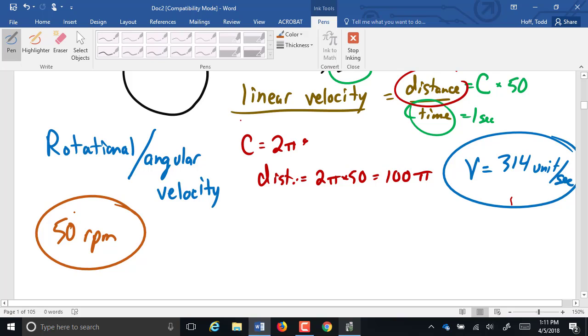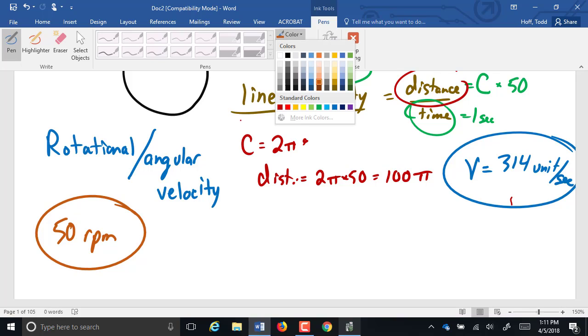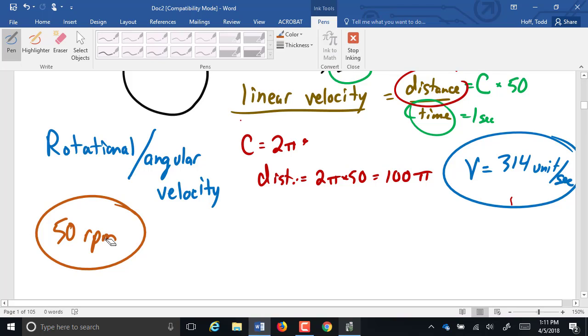Revolutions per minute. It's going 50, actually not revolutions per minute in this case, it's revolutions per second. 50 RPS, revolutions per second. It'd be 3,000 RPM, times 60.